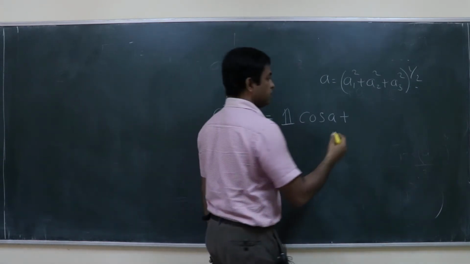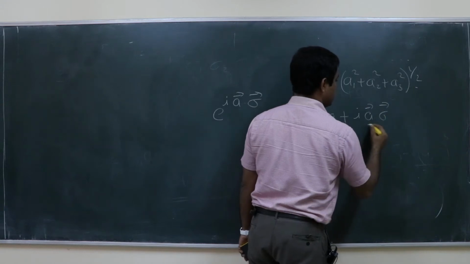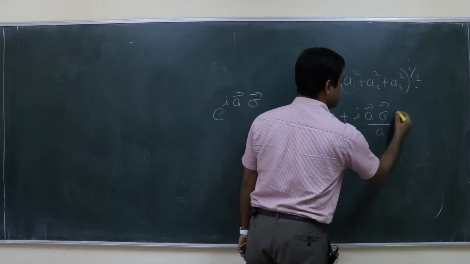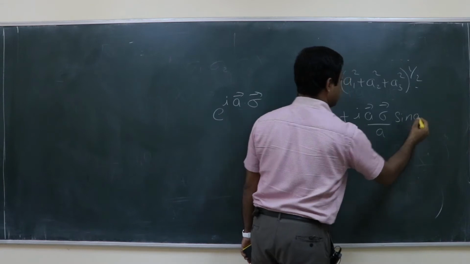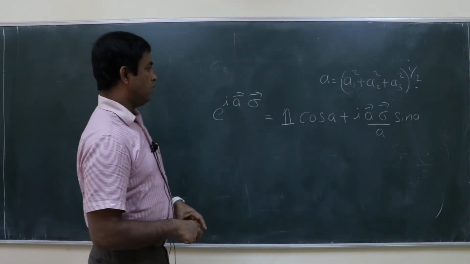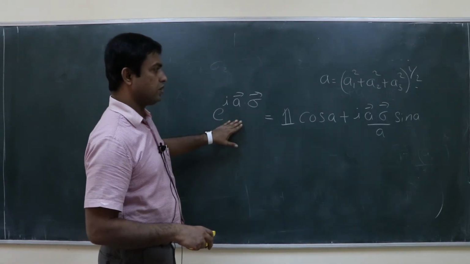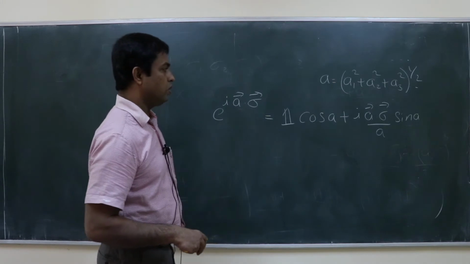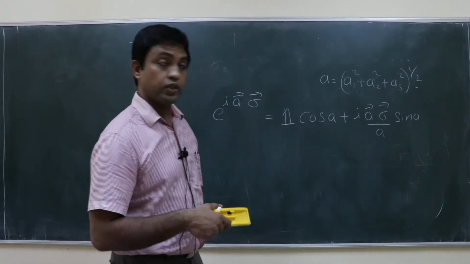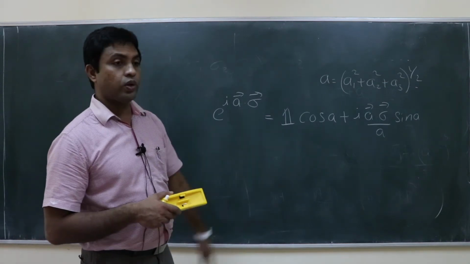If you have any issue while doing this particular problem, then you can discuss. Otherwise, you just try and let me know. Maybe in the next tutorial class we can do this. So this is what e power i a dot sigma is equal to.